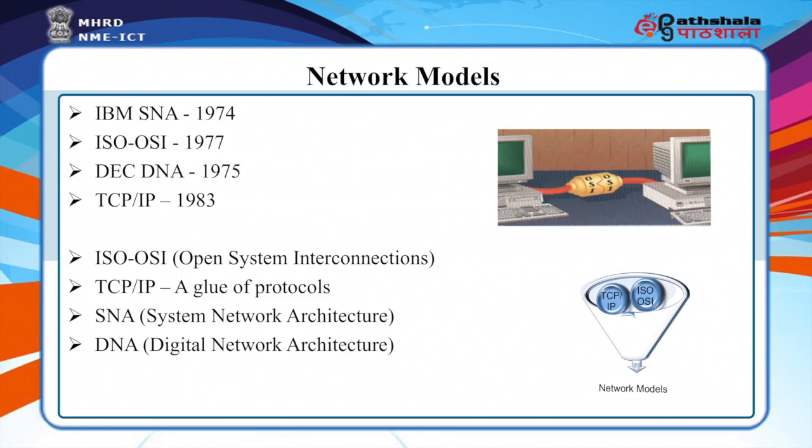Even today, the Internet adopted some of the responsibilities and tasks defined in this model and combined them, and that has given birth to the new model called TCP/IP. TCP/IP stands for Transmission Control Protocol, and IP stands for Internet Protocol.